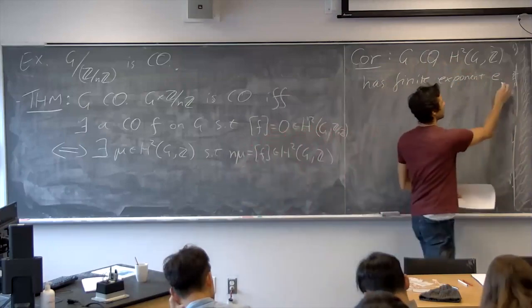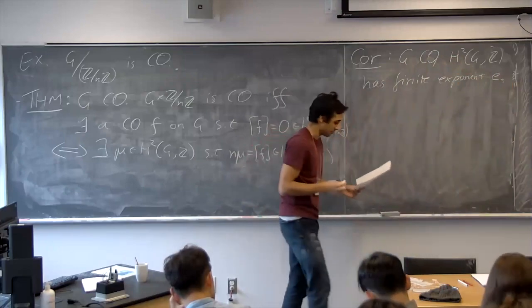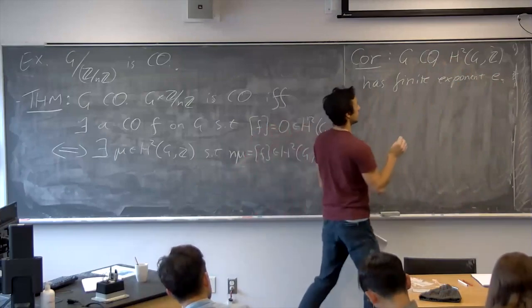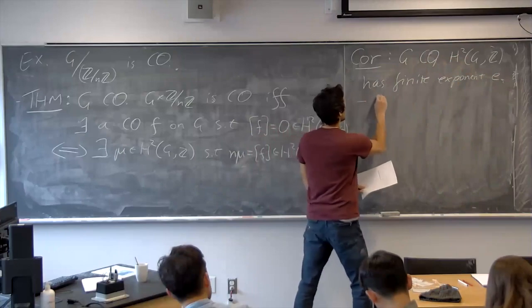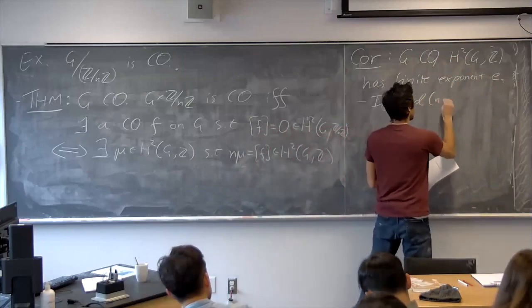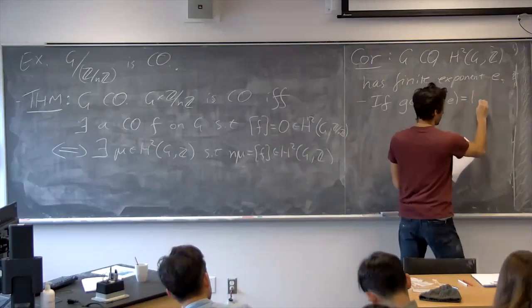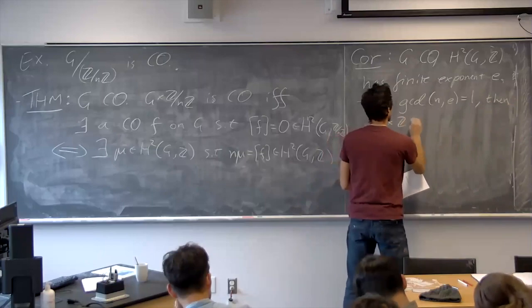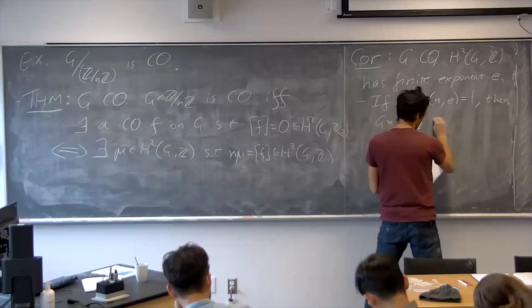Which some people might. There's some big conjecture. Okay, here's what you can say. If the GCD of N and E is equal to 1, then G cross Z mod NZ is CO.